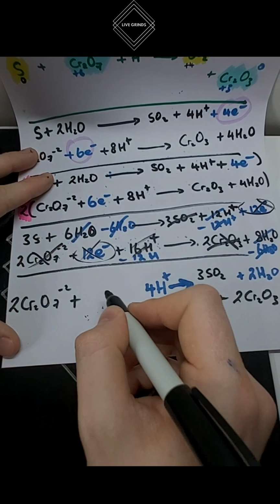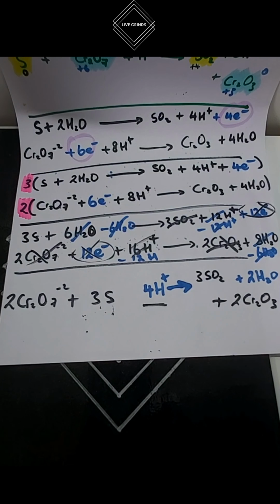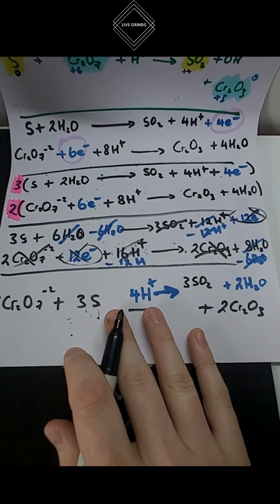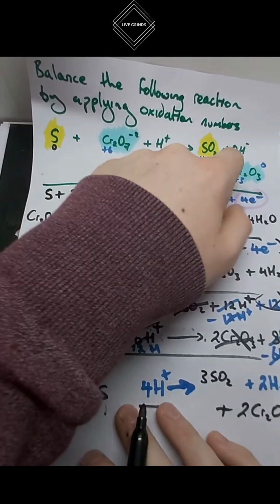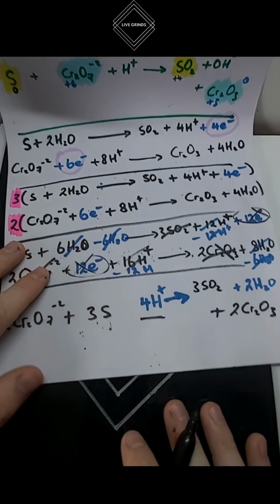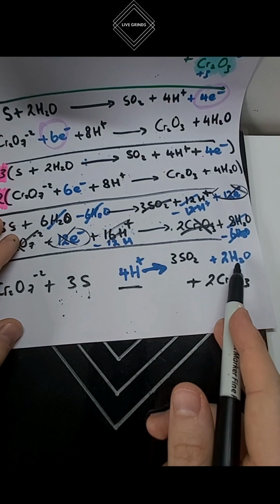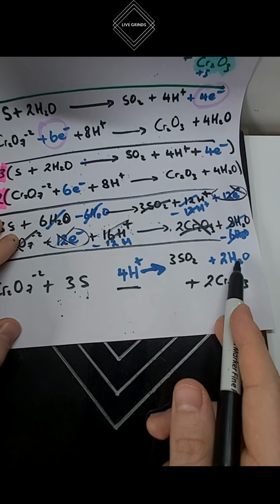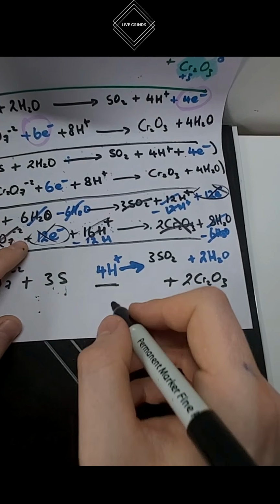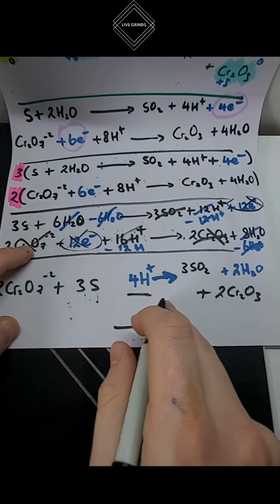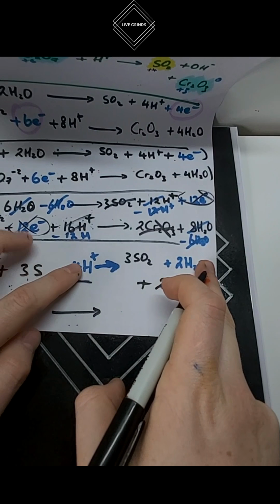3 sulfurs. Now, at this point, the reaction looks very similar to the one at the very beginning, but the difference is there are no H2Os on the right hand side. So we've got 2 H2Os over here. Now I'm going to take 2 protons away from the right hand side, and 2 protons away from the left, right?